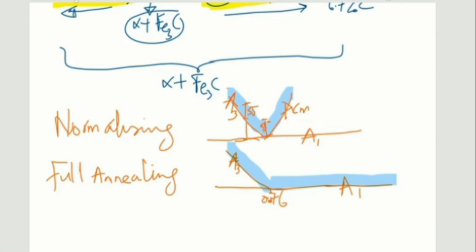So from here, at least 55 degrees above A3 and A1. And if your carbon content is here, it means your 55 degrees is going to be here. And in this case, from 0.76 up onwards, as the carbon content increases, the temperature is almost the same. The full annealing temperature is the same.